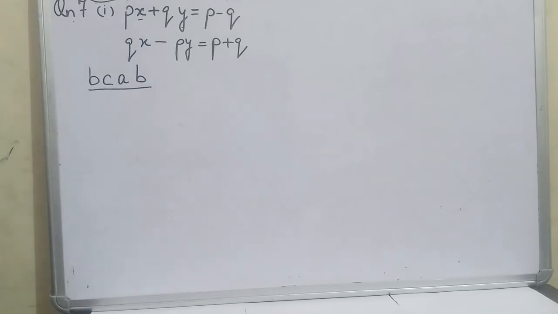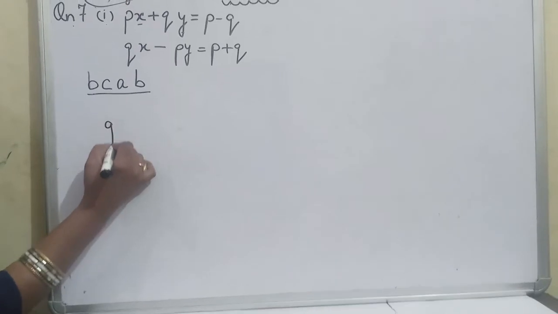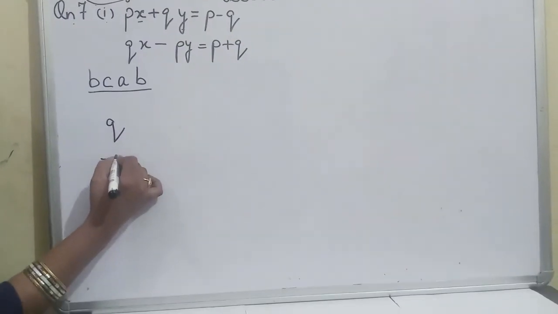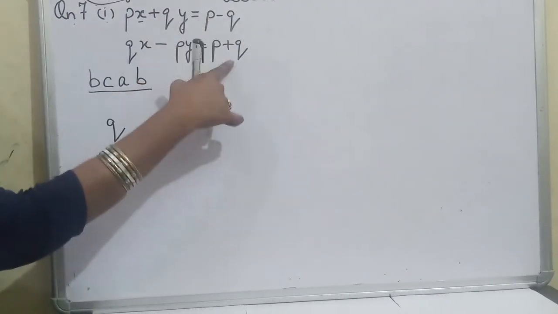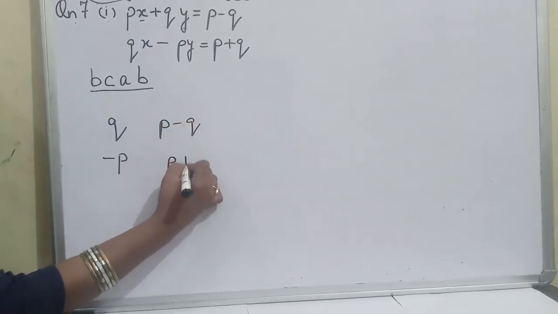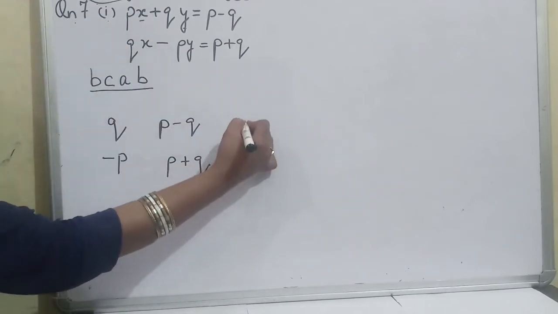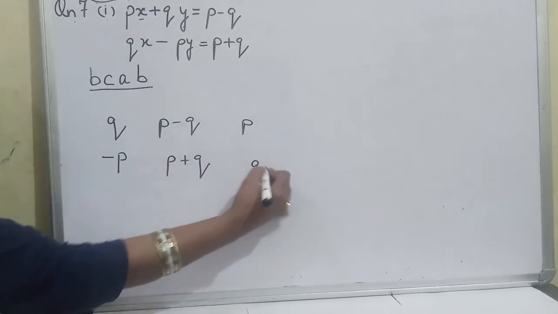cross multiplication method. So first of all b, that means q, minus p. Then c, p minus q and p plus q. Then a, p, q.